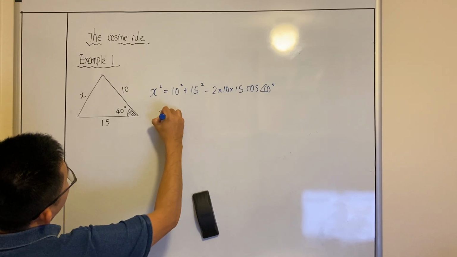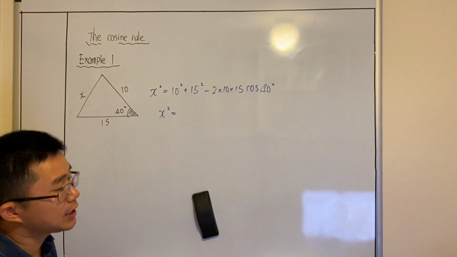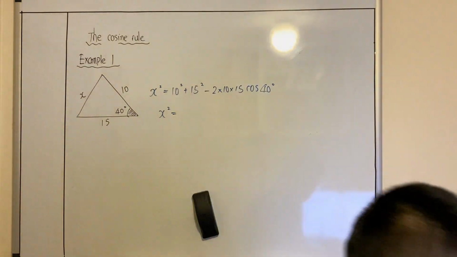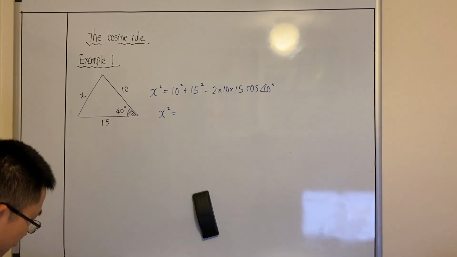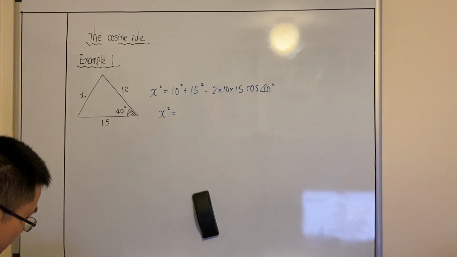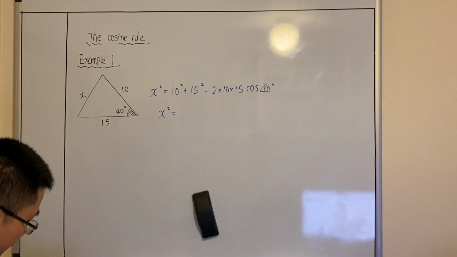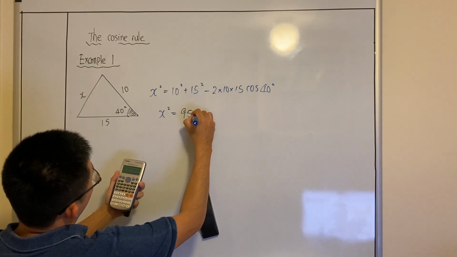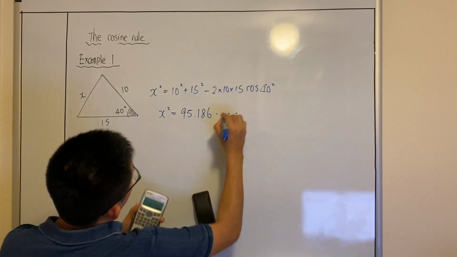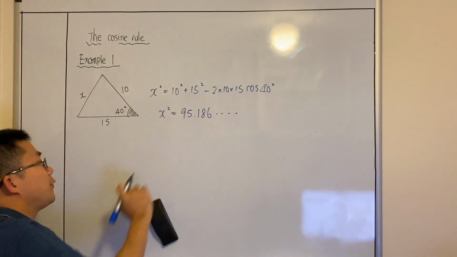All right, so of course you can do the next calculation by working out all this using a calculator. So that will be 10 squared plus 15 squared minus 2 times 10 times 15 times cosine 40. You get 95.186 and so on. Now, just be very careful. This is not the final answer.